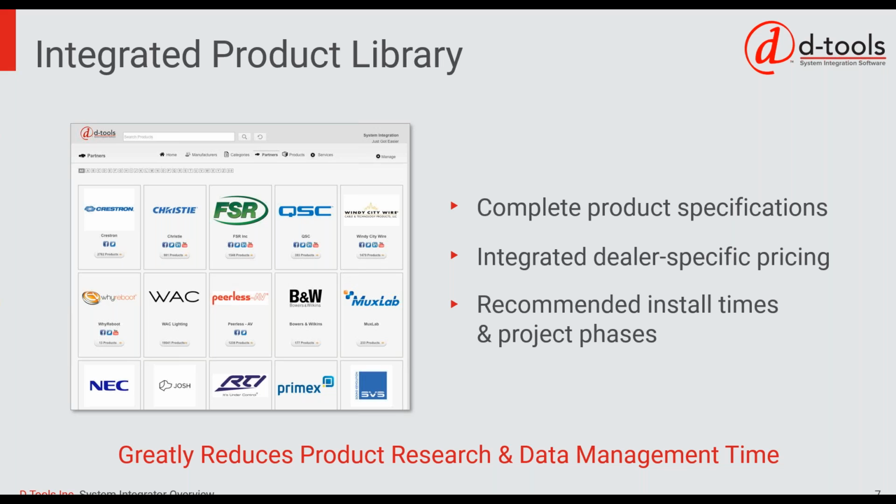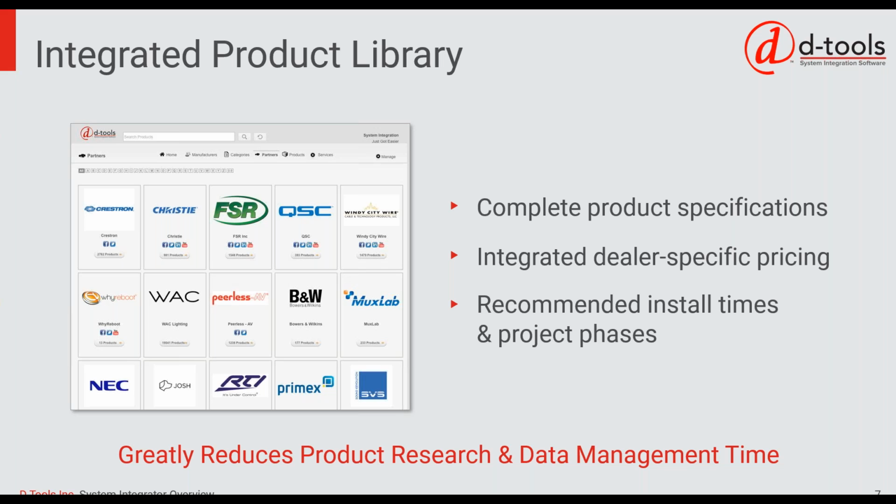With that partnership, you can actually get dealer-specific pricing through our system. Right now, that's only available for US vendors and also some Canadian vendors. But with that integration, you can go in and put your account information with that vendor. They'll verify that you are a dealer and match you up to your price level with them.